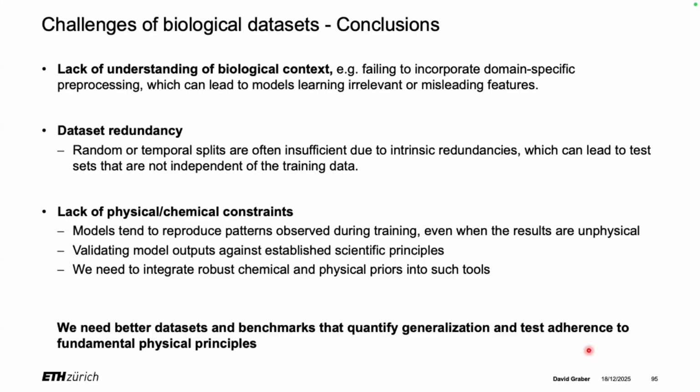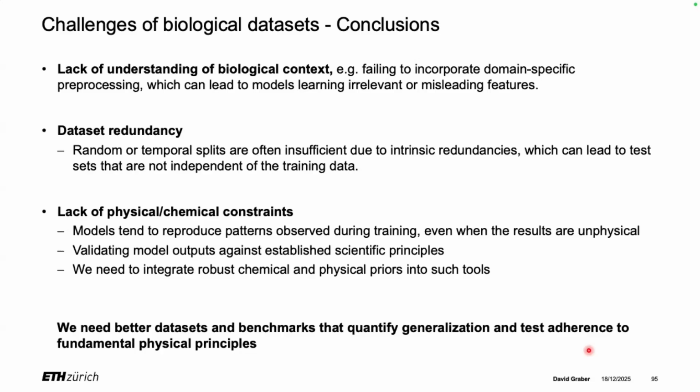An example of that would be thermostability prediction using all the signaling peptides in the sequence. And then dataset redundancy is a big problem, because random and temporal splits are insufficient because there are so many intrinsic redundancies. And these usually lead to test sets that are not independent of the training data.